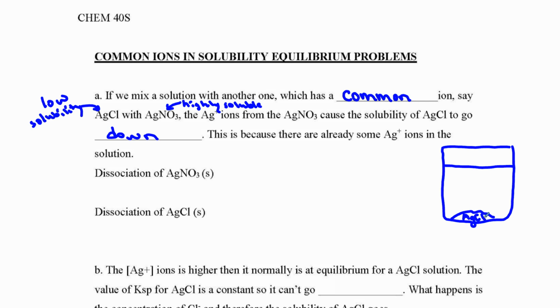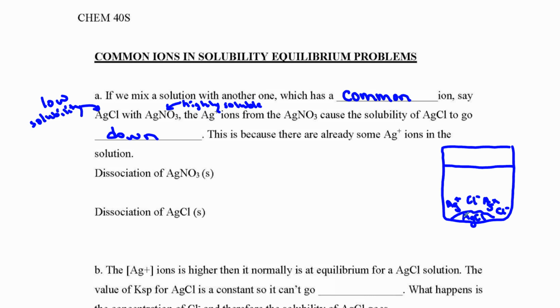However, we do know it's not completely insoluble. You still get some silver ions dissociating, so let's put Ag plus, and you still get some chloride ions also dissociating. I'm just going to show two of each. Sorry, this is going to be a little bit messy.